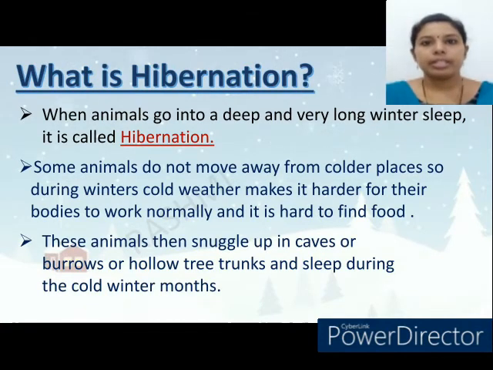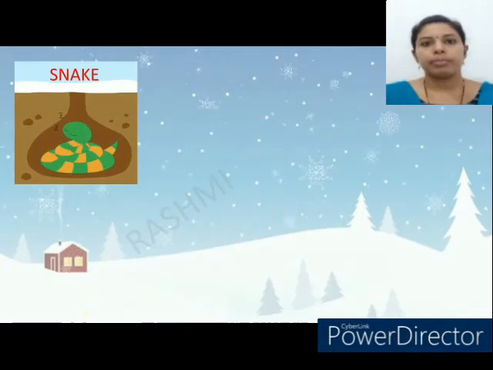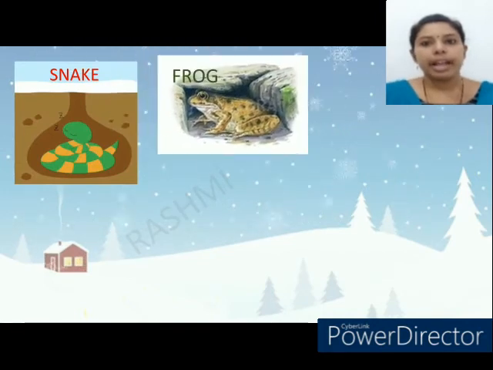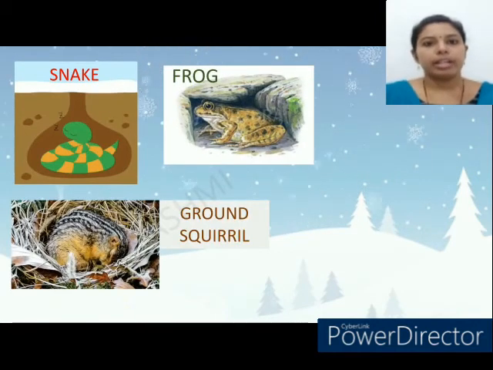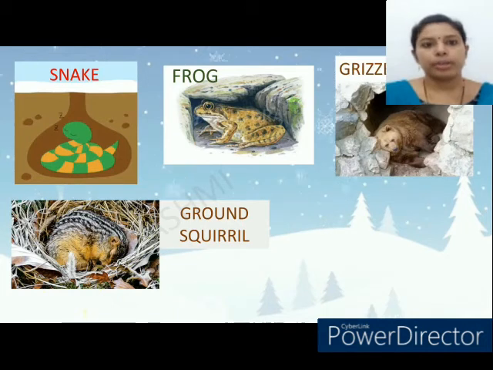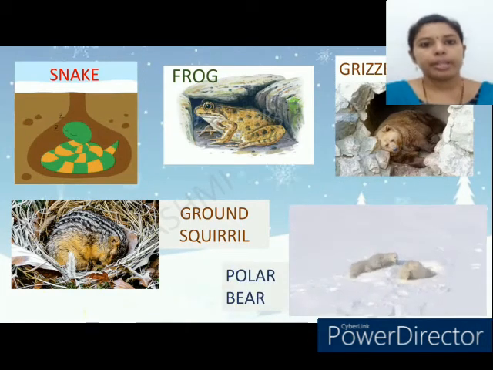These animals then snuggle up in caves or burrows or hollow tree trunks and sleep during the cold winter months. Some animals that hibernate are snake, frog, ground squirrel, grizzly bear and polar bear.